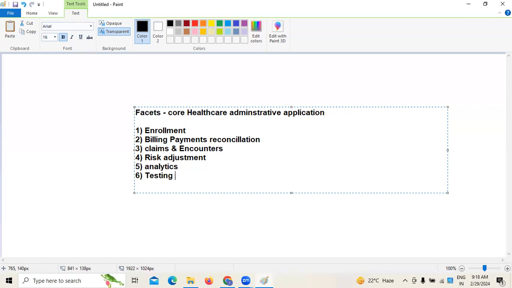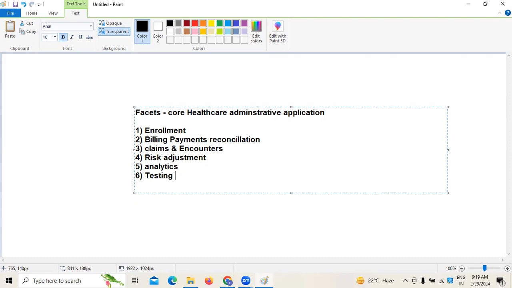Followed by this, when it comes to the enrollment part, working on the facets application, we extract member eligibility information. Normally, we extract this major information from the facets application.